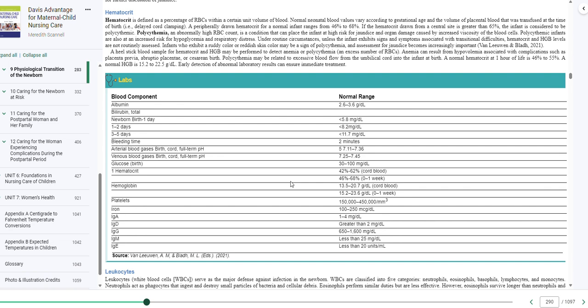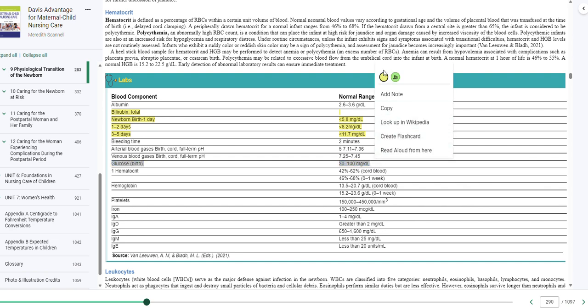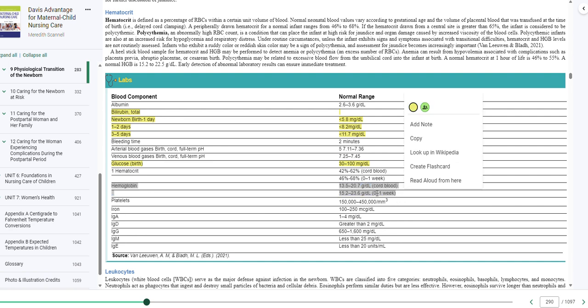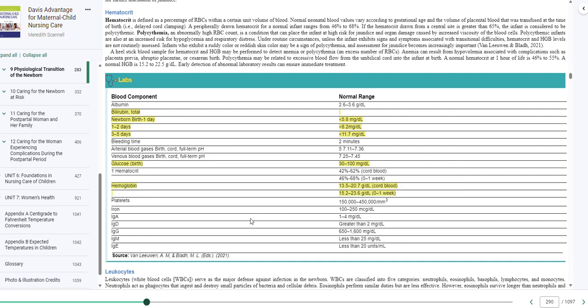Let's look at the lab work. The ones that you should know are the bilirubin. So these here, I'm going to highlight the glucose, the hemoglobin, and the platelets.